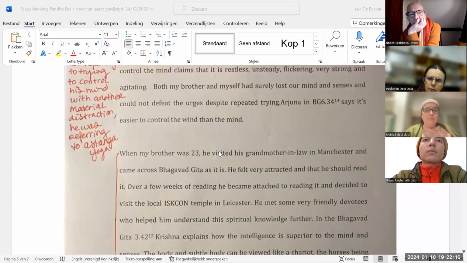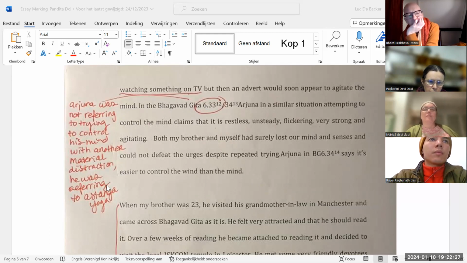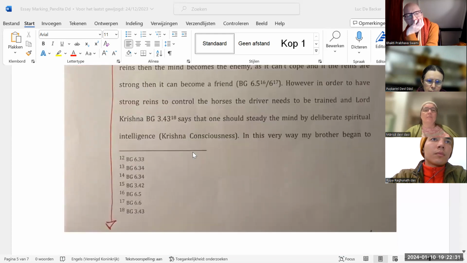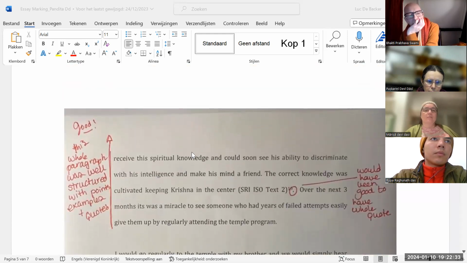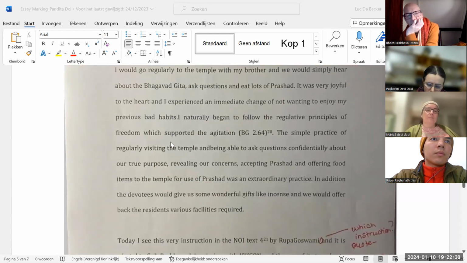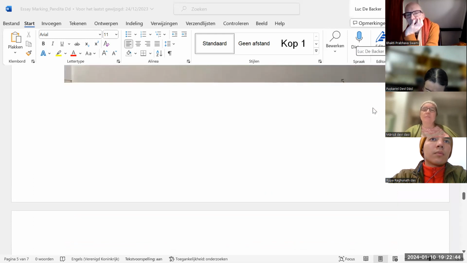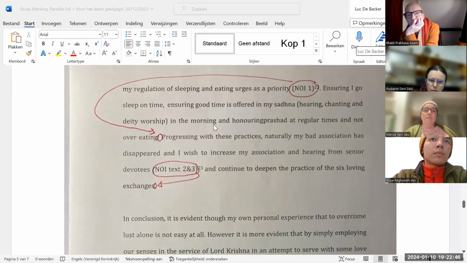This is an example. Here she writes comments in the essay. She says good quotes and so on. And here she also writes comments, question marks here.